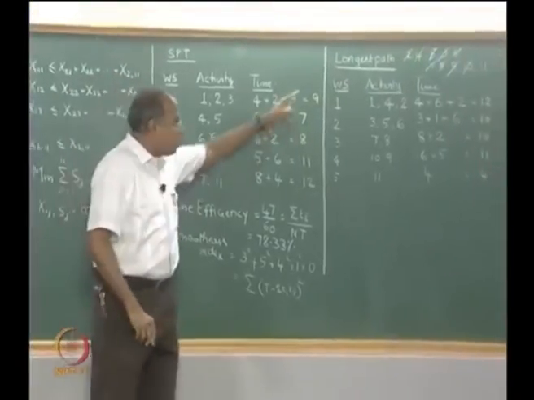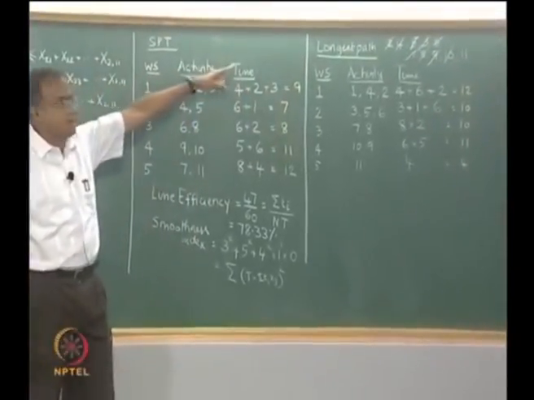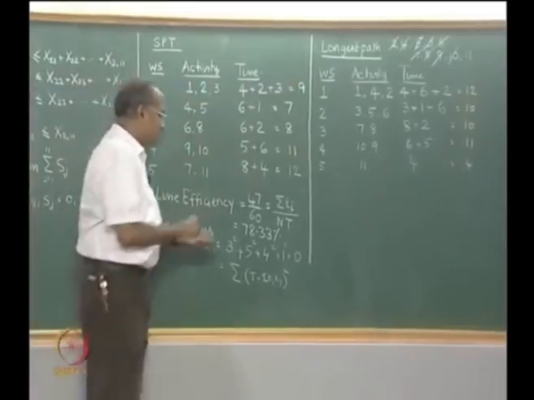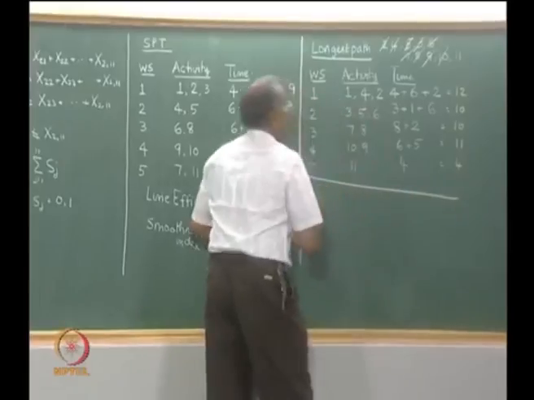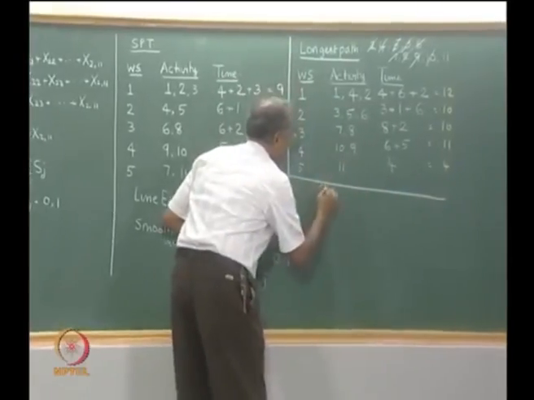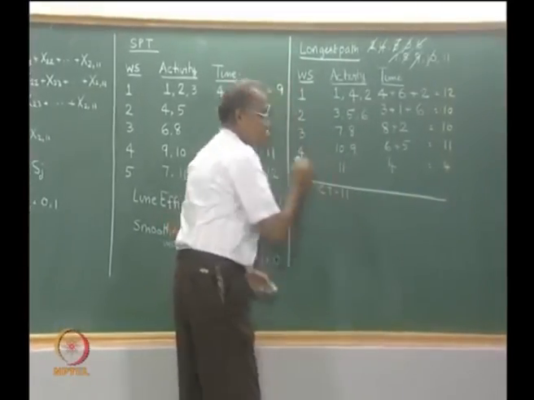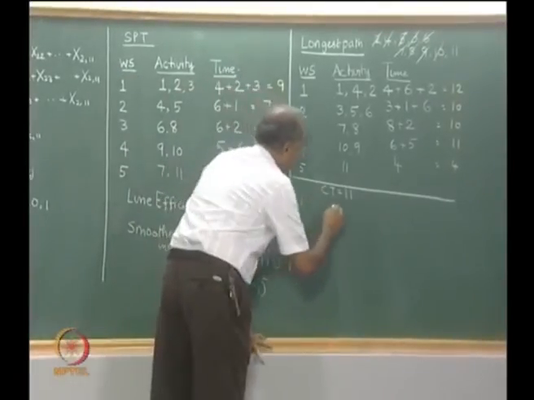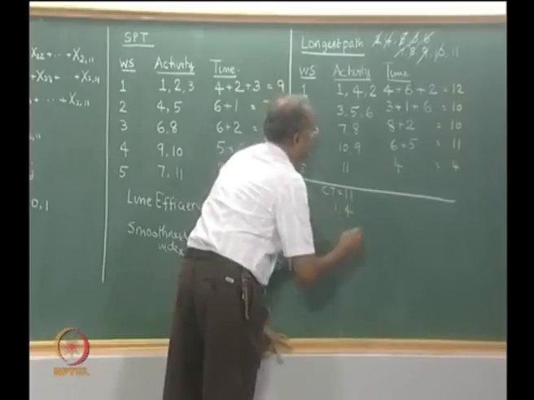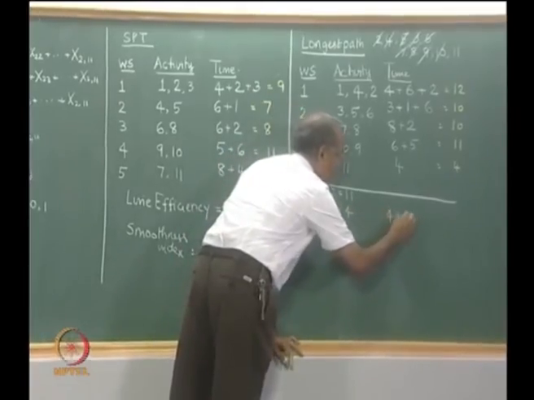Now if we try to do this here, can we get a cycle time of 11 in this? Let us try and do this once again with cycle time equal to 11, and let us do it a little quickly. So workstation 1 would get activities 1 and 4 with time 4 plus 6.